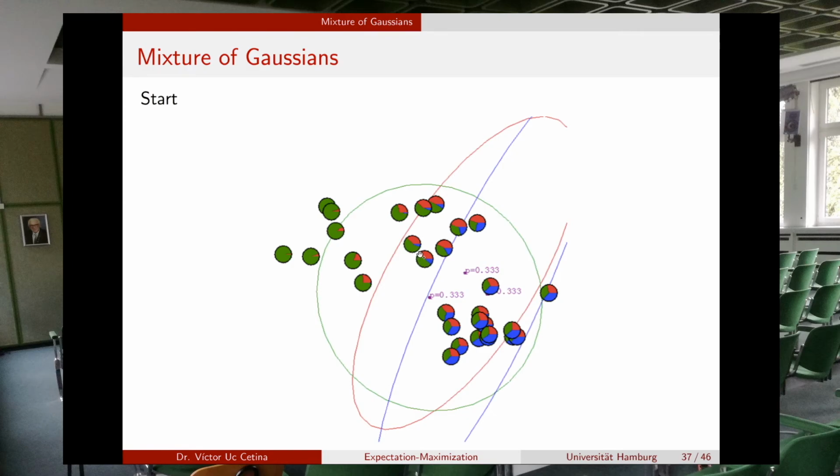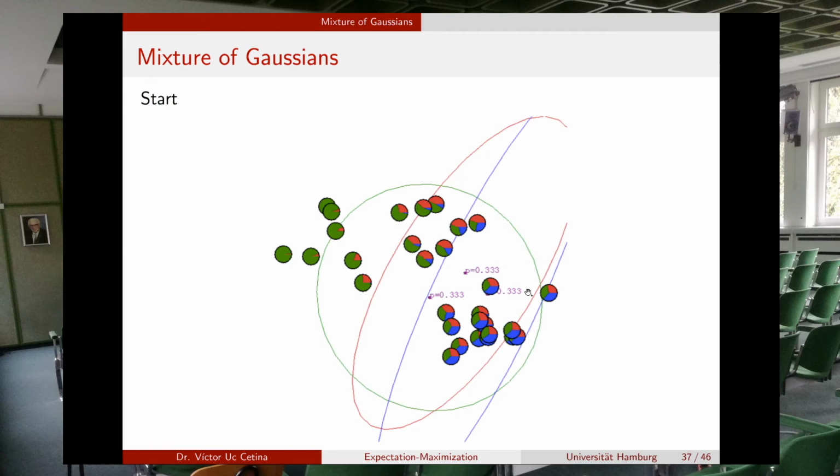The size of the arcs of the colors represents the probability of belonging to the red Gaussian, the green Gaussian, or the blue Gaussian. And you see here the initial Gaussians.